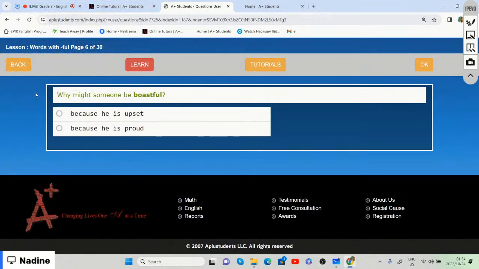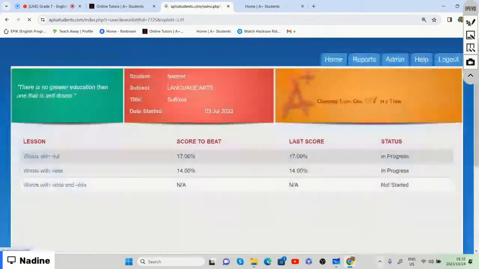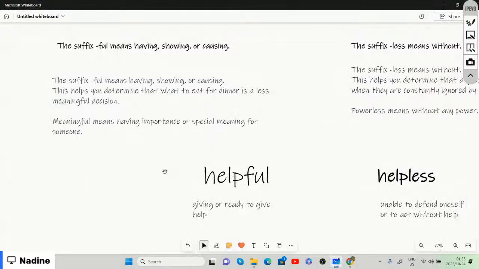All right, so that is basically words with full. And we said words with full means having, showing, or causing.